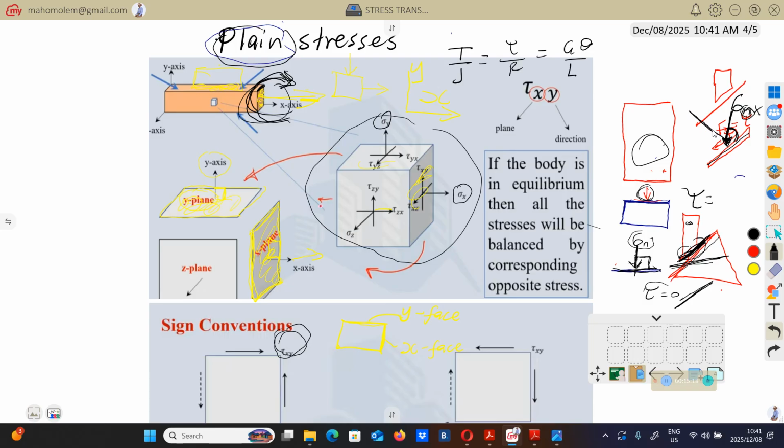Therefore, the normal stress will change to this. So we're going to have normal stress in this direction. So you can say this stress is normal to this plane. Why? Because they are forming 90 degrees.